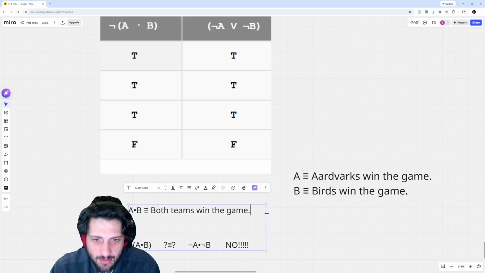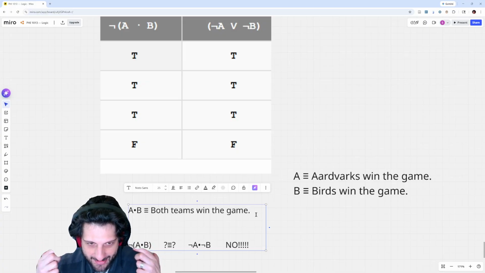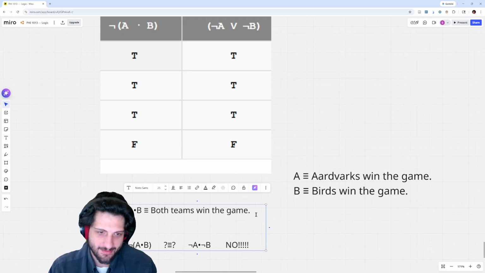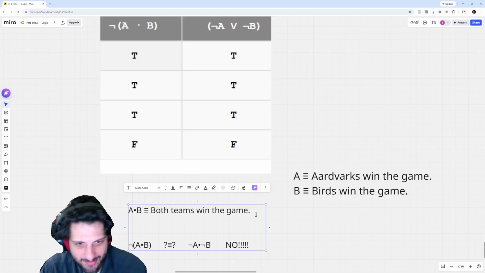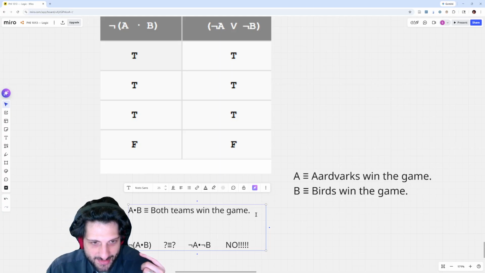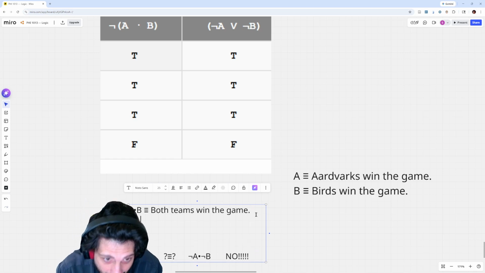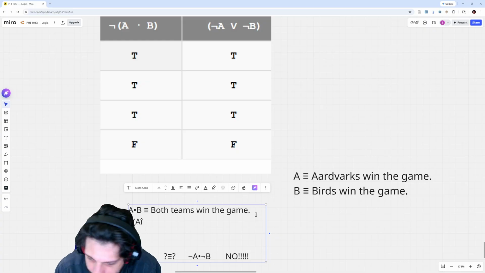And you might think that's wrong, that both teams cannot win the game, and that's how most games work. Even if you tie, that's not both teams winning. That's both teams tying. So what we want to say is it's not the case that both teams win the game. And what that means is we're saying it's not the case that A and B.